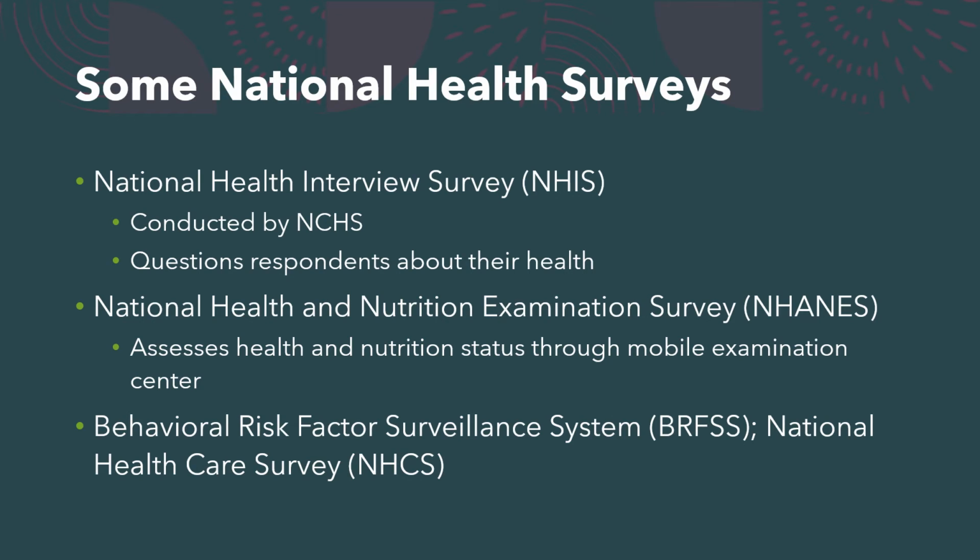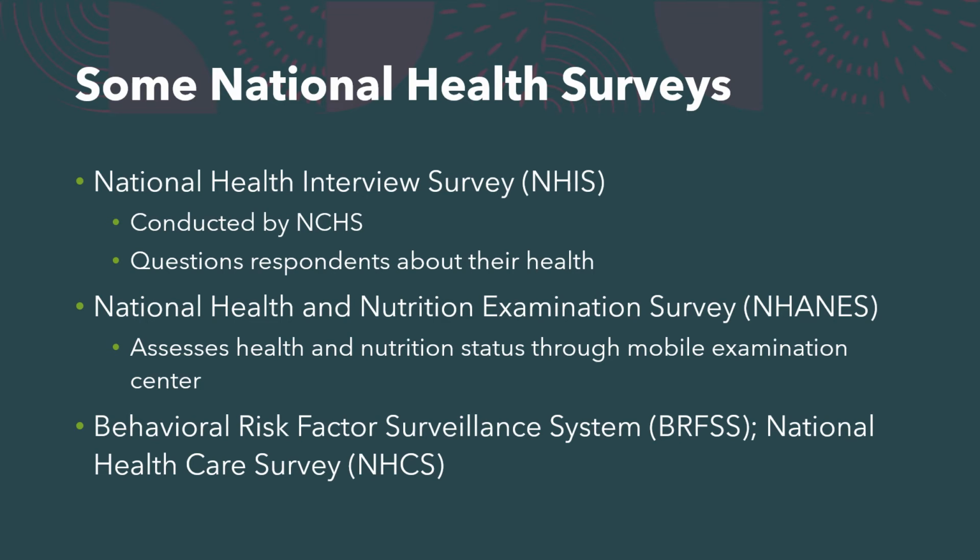So some national health surveys in the United States include the National Health Interview Survey, also the National Health and Nutrition Examination Survey, NHANES, which looks at people's health and nutritional status. We also conduct something called the Behavioral Risk Factor Surveillance System.